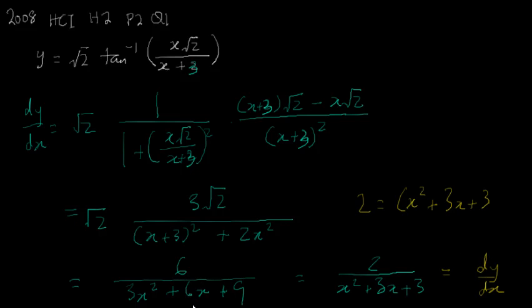I have to divide that by 3 and each of these by 3. So wait, that should be a 2 there. That should be 2 there, and 2x plus 3 here, and that's dy/dx. So that's the first answer to the first part of the question.